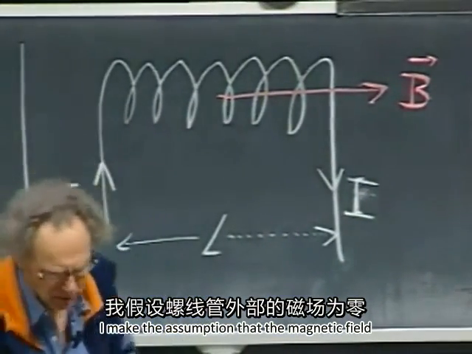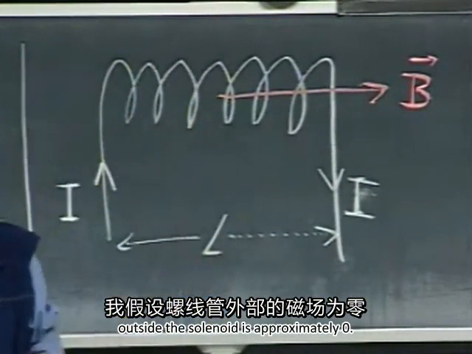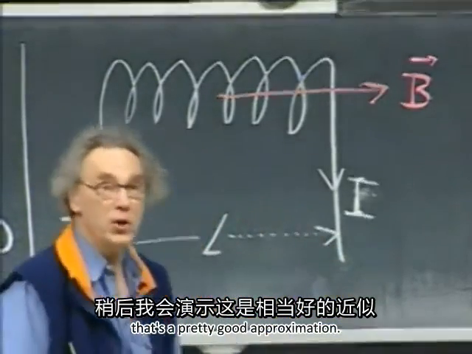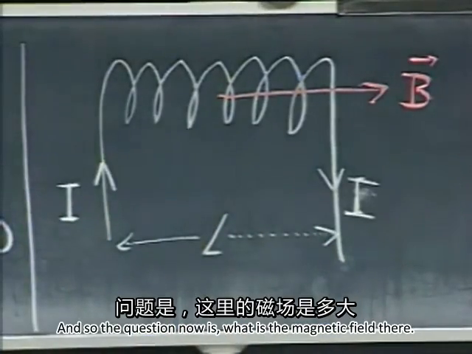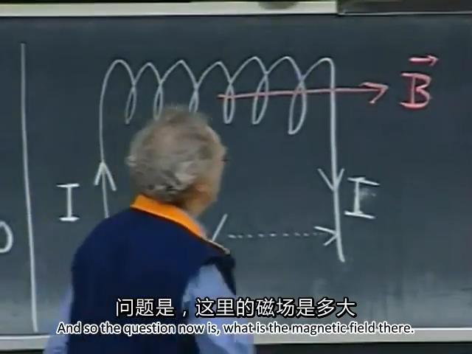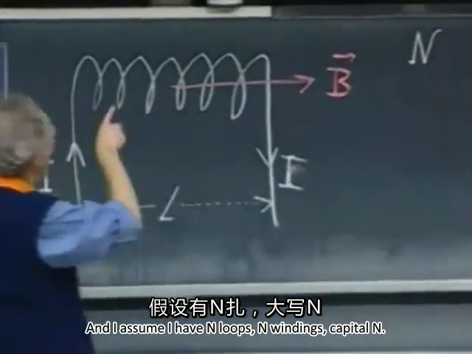I make the assumption that the magnetic field outside the solenoid is approximately 0. I will show you later with a demonstration that that's a pretty good approximation. And so the question now is, what is the magnetic field inside? And I assume I have N loops, N windings, capital N.